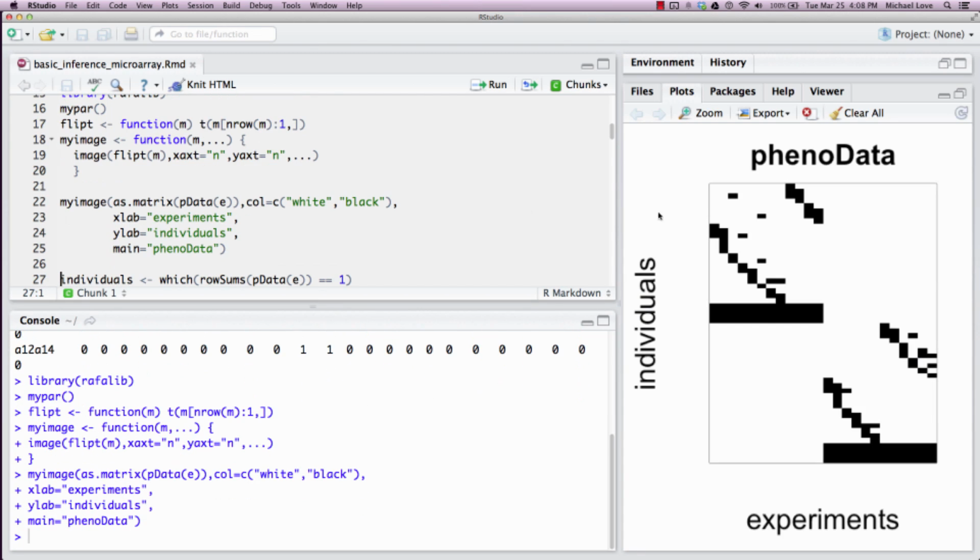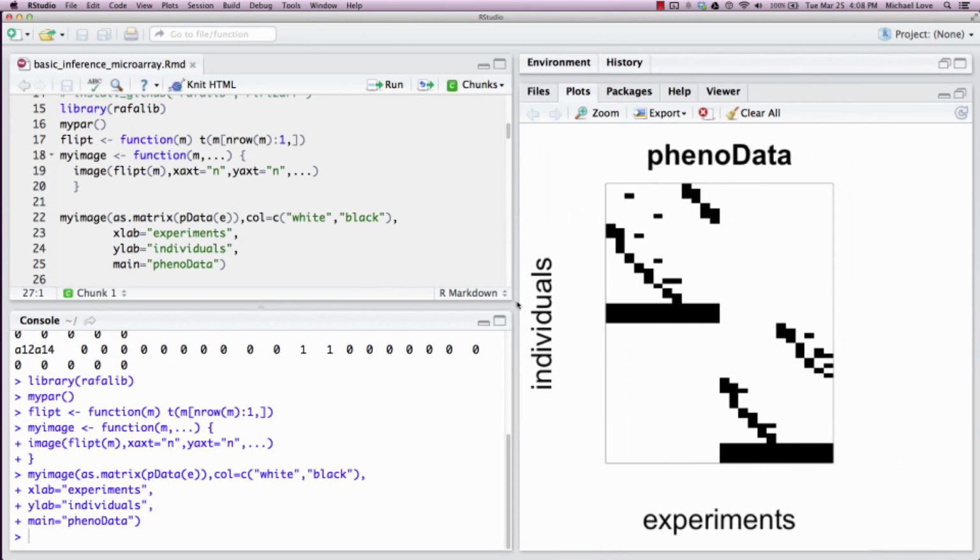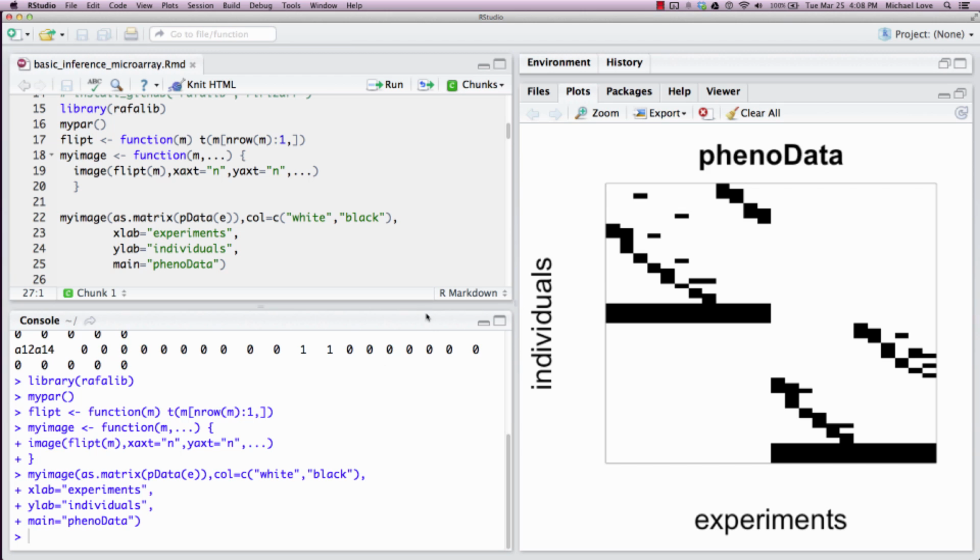So I'm just redefining this so that the image which is produced looks like the matrix which you see printed out by R. So here is the picture for the phenotable, and it's the same as the matrix I printed out before, except it has a black square instead of a 1 and a white square instead of a 0. So we can see the block pattern, and so we're interested in finding the rows where there's only a single black block.